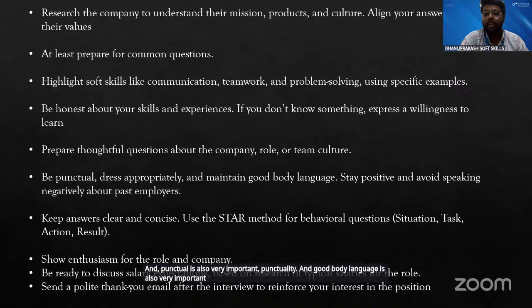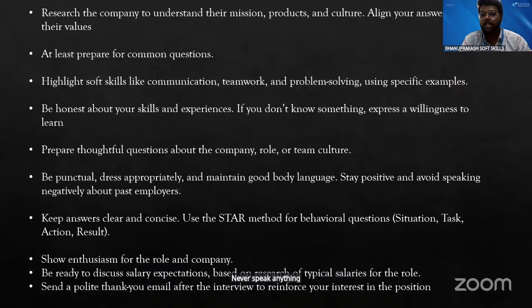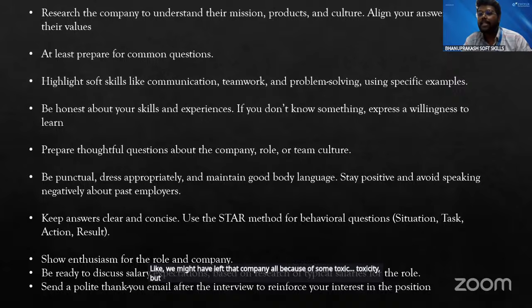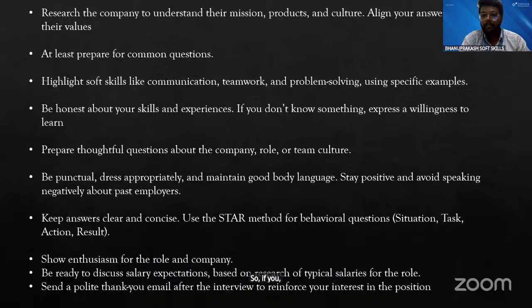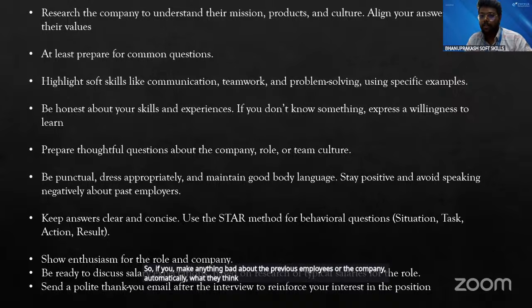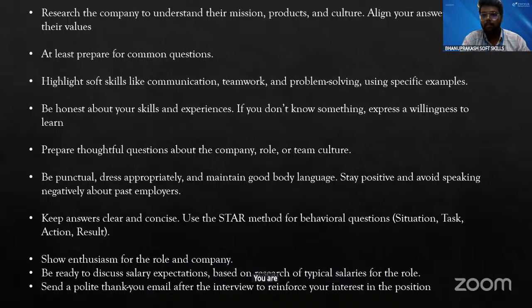And it is very important that you should never speak negatively about past employers. We might have left that company because of some toxicity, but you should never mention such things that you really faced. If you say anything bad about the previous company, automatically they think you are making negative statements about the previous company.